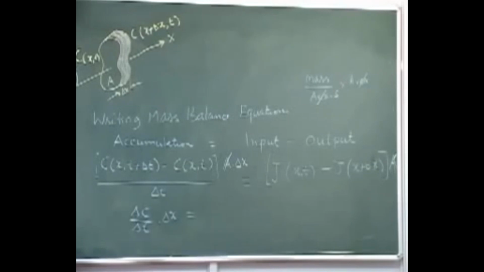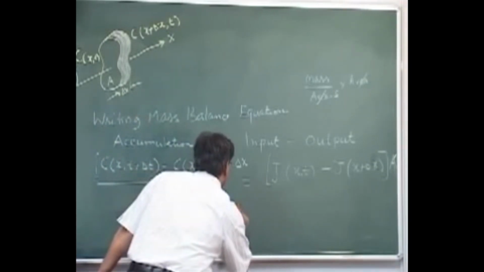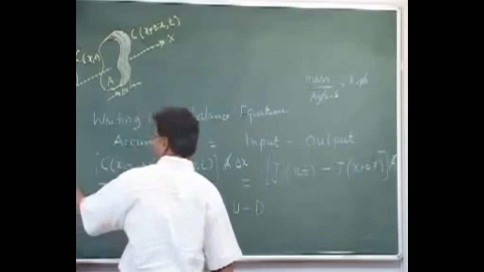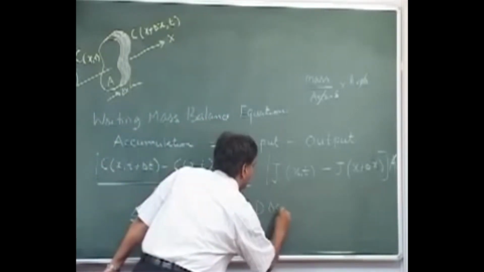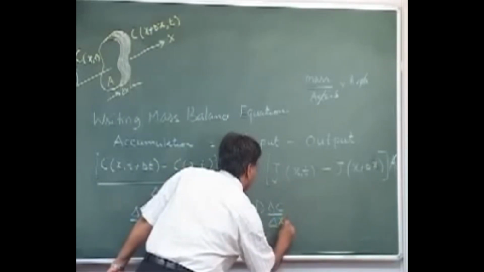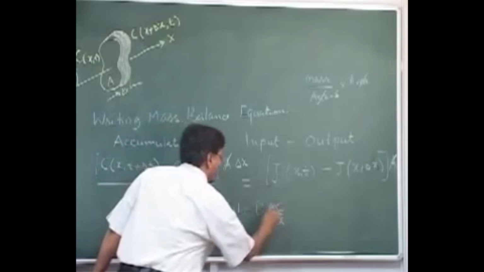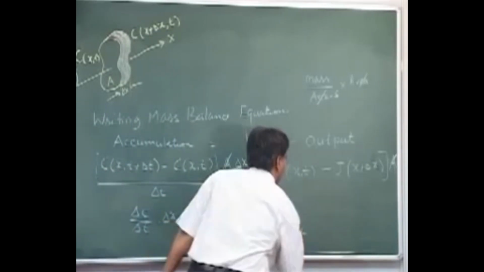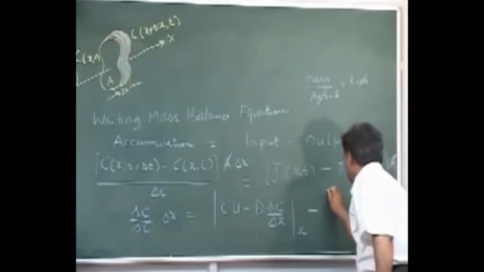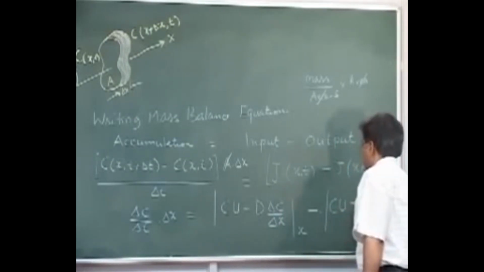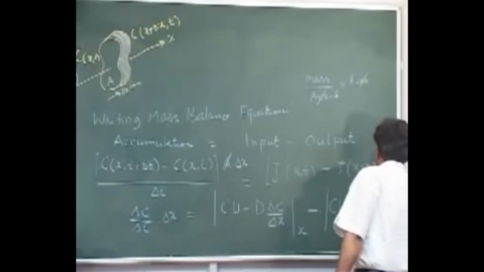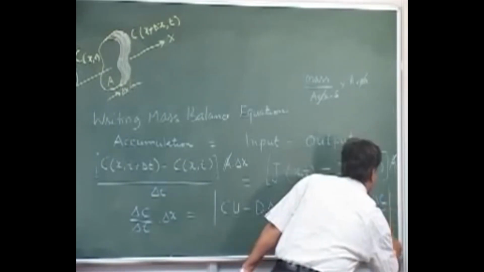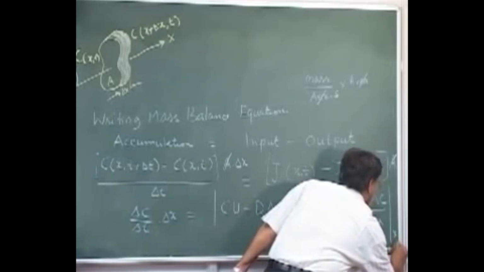So I can write here Cu minus D, and since we are still writing in delta, delta C over delta x, evaluated at x, minus Cu minus D delta C over delta x, evaluated at x plus delta x.